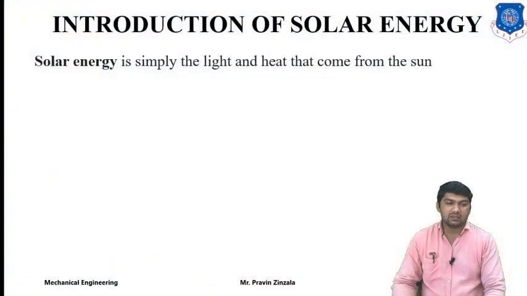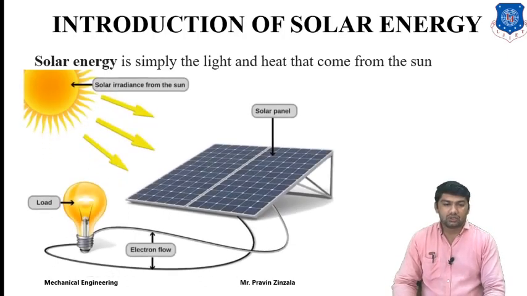First of all, we discuss what solar energy is. Solar energy is simply the light and heat that comes from the sun, or we can say it is the energy received on Earth's surface by radiation. There are many applications of solar energy.